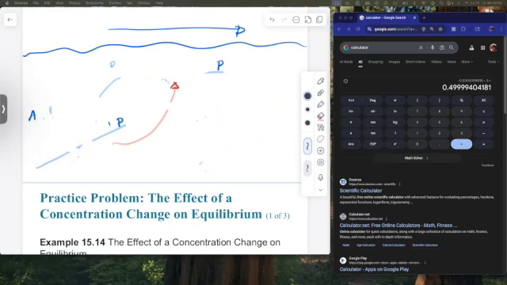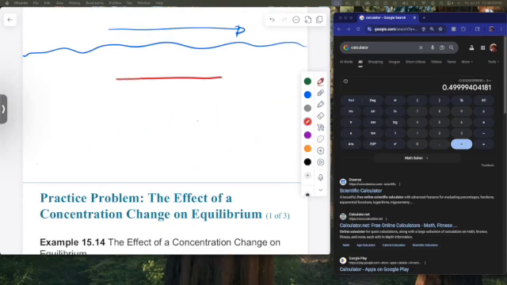Okay. So once again, the goal is balance, right? This time, if we add product, then the product side becomes heavier because you have more products, and the reactant side is lighter.